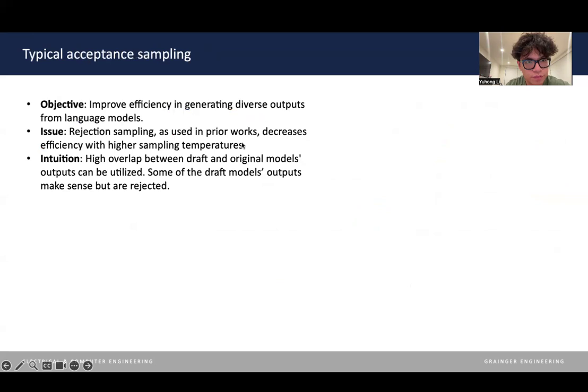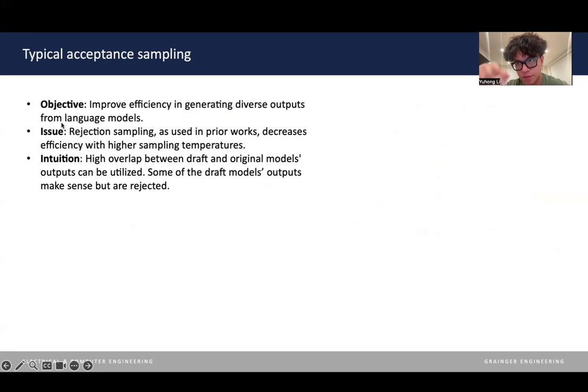And another thing is typical acceptance sampling. We try to improve the efficiency in generating diverse outputs from the language model, which means random sampling always cuts off in the middle.